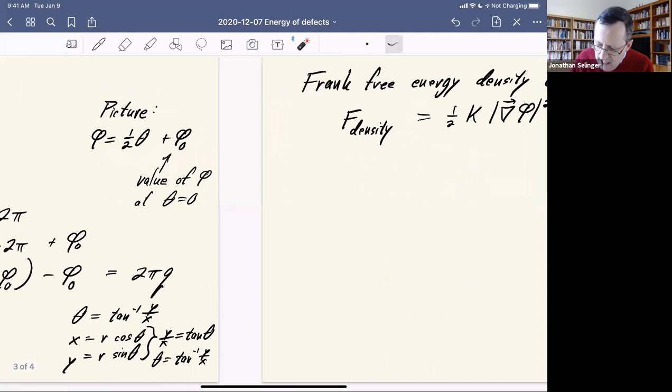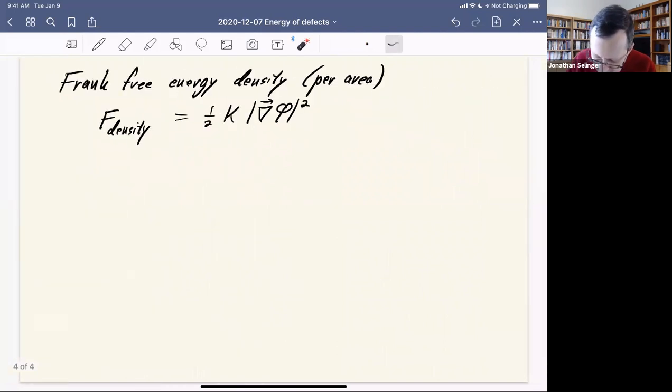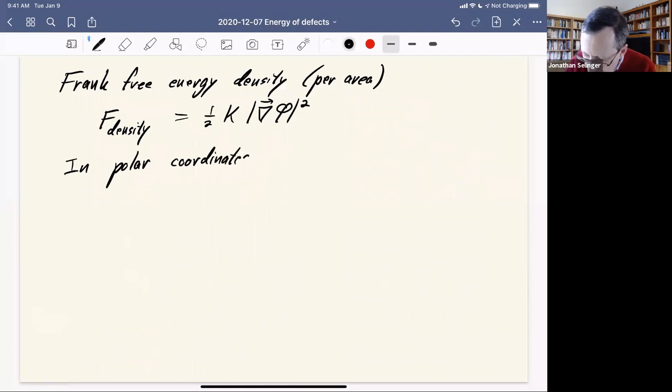In polar coordinates, we have an expression for the gradient of anything. This is like what you might have used in multivariable calculus or in perhaps electrostatics.